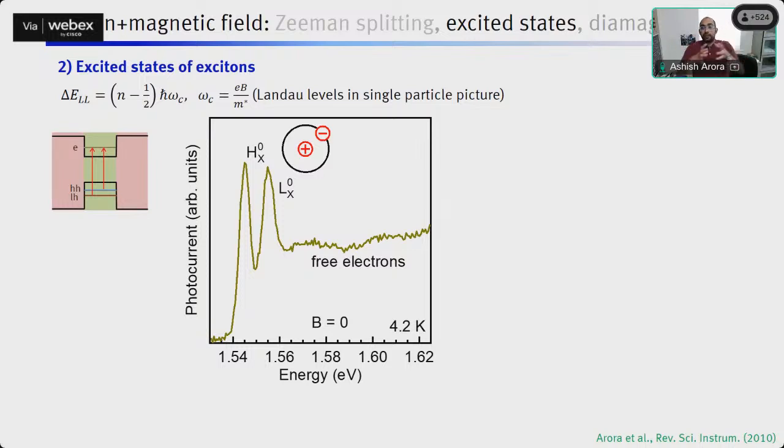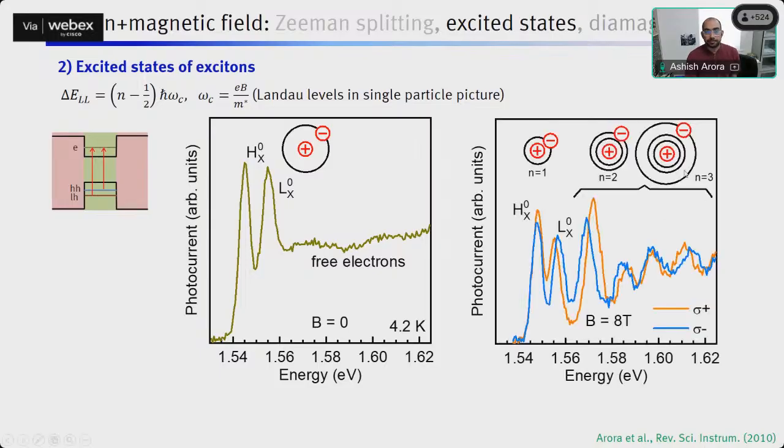Also, since the wave functions are squeezed in for electrons and holes, they are now spending more time close to each other, so their absorption strength should also rise. The oscillator strength should also rise. So we should be able to see the Rydberg states, or the excited states of excitons, or these hydrogen atoms, rather easily. And this is what we see.